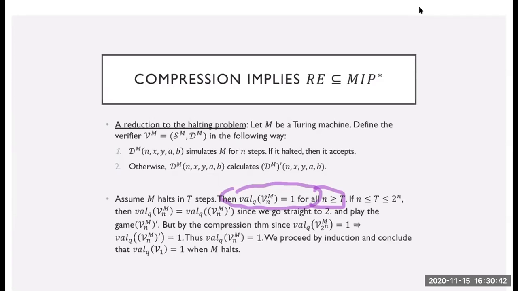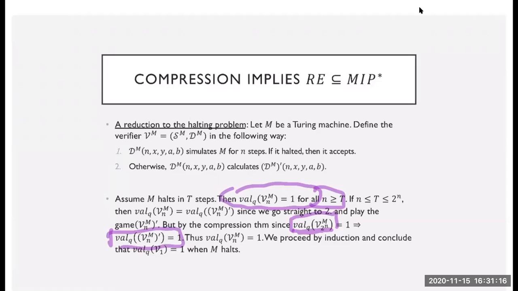Are you with me? So the value, I'll show what I'm saying now. Okay, so we know that in 2 to the n steps, the Turing machine halts. So the quantum value of the original V with entry 2 to the n, the 2 to the nth game of the original verifier is 1. But from that, and using compression, we can know that the nth game of the compressed verifier is also 1.